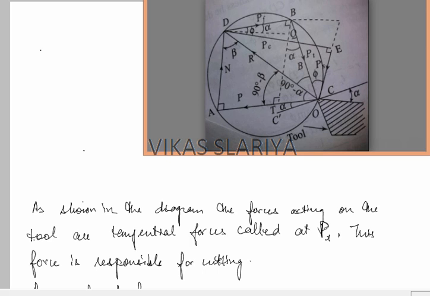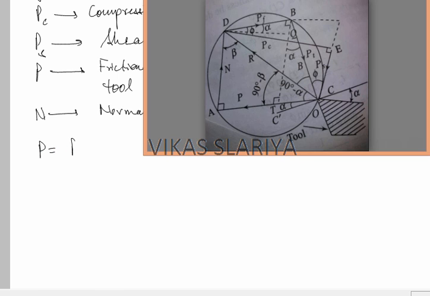Now these forces can be split as P equal to PF cos of alpha plus PT sin of alpha, where alpha is tool rake angle, and N is PT cos alpha minus PF sin alpha.